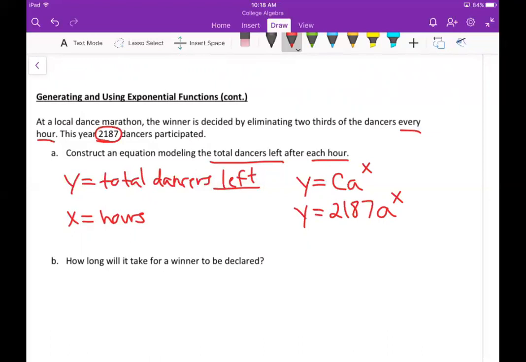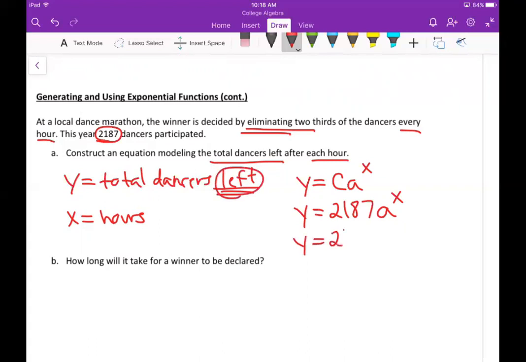But we have to be careful, because the fraction we're given is how many dancers we're eliminating, and we want Y to be how many dancers we have left. So if we eliminate 2/3, then we have 1/3 of our dancers remaining. 1/3 will be left every hour.